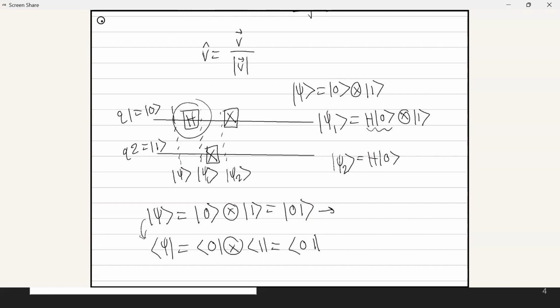We're just not evaluating this because I don't feel like writing it all out. And then what would be in front of this one state? X, right? And the X is just the Pauli X gate that we saw.